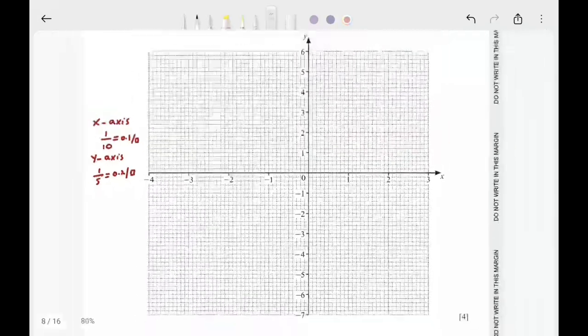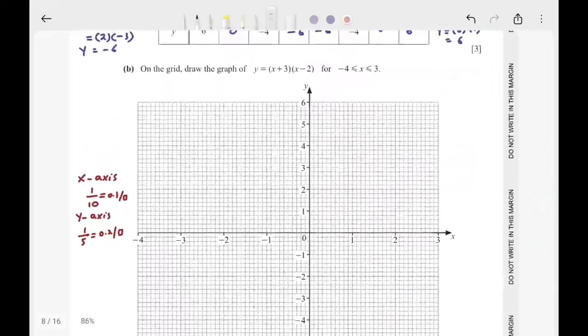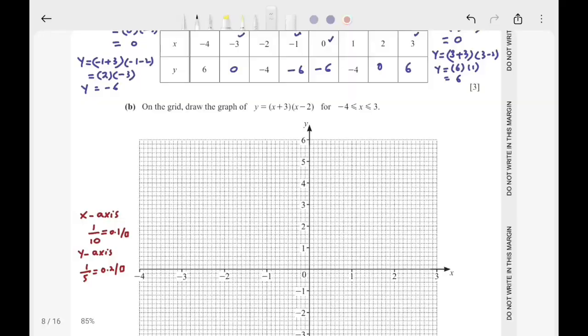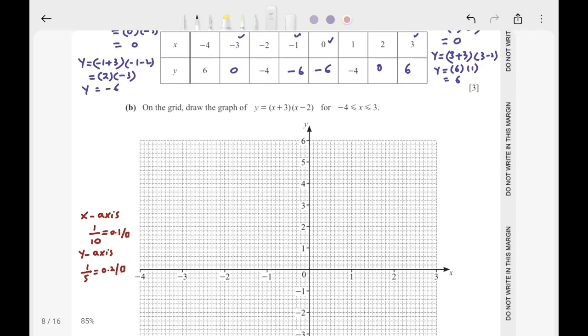Now we have to plot values. The first value is, against minus 4, we have to write 6. So it will be minus 4 and 6 would be here.